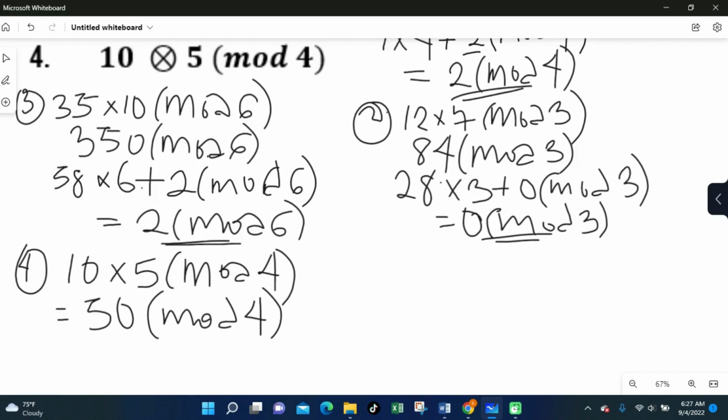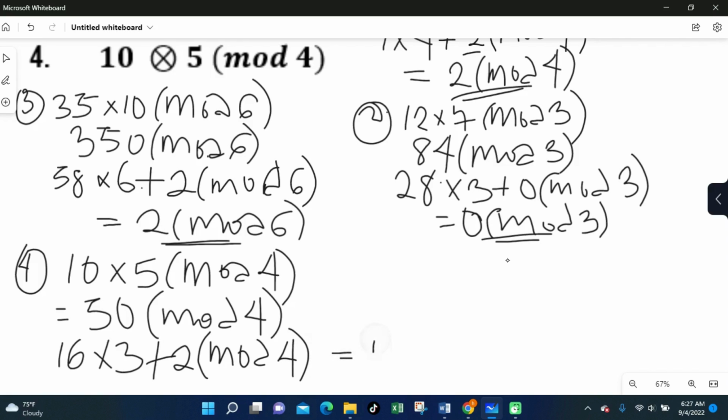So I can look at 16 times 3. 16 times 3 will give me 48 plus 2, all in mod 4. So this will finally give me 2 mod 4 as my final solution.